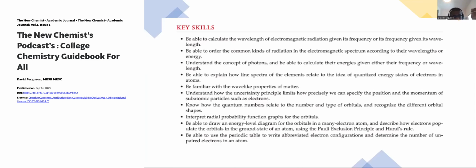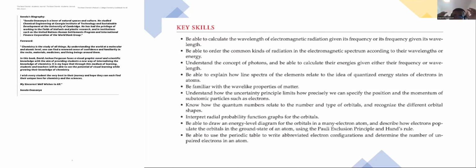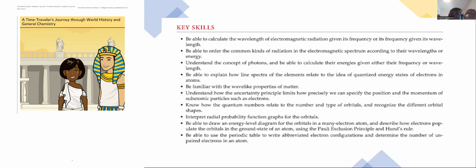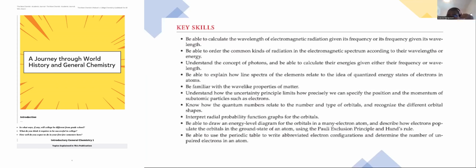I want you to be able to use a periodic table to write abbreviated electron configurations, from the s block on the left, to the p block on the right, to the d block in the center, to the f block below. s, p, d, f are designated letters that coincide very accurately with the angular momentum values: l equals 0 is s, l equals 1 is p, l equals 2 is d, and l equals 3 is f.